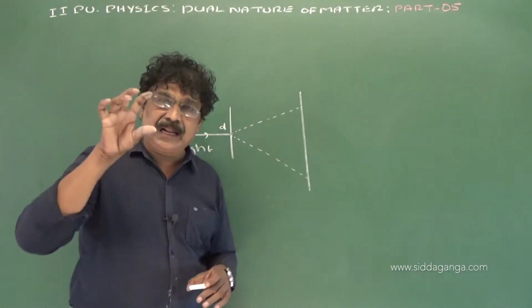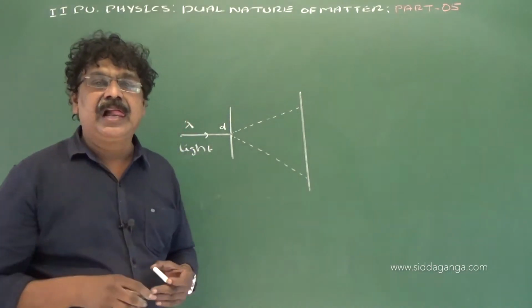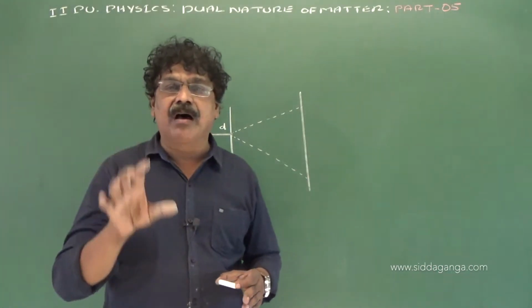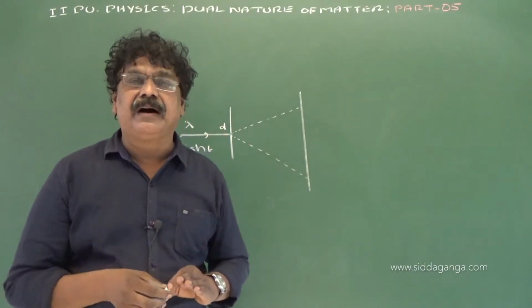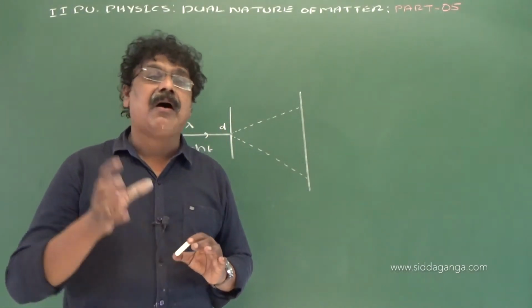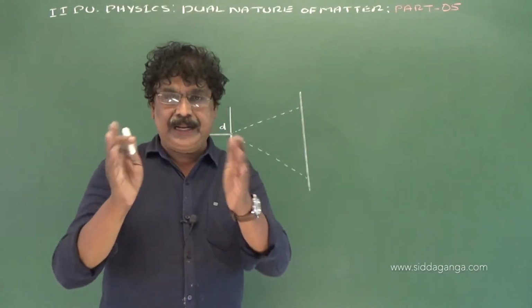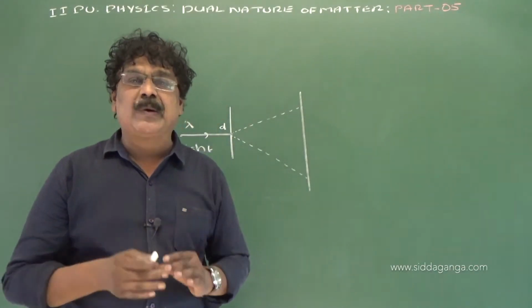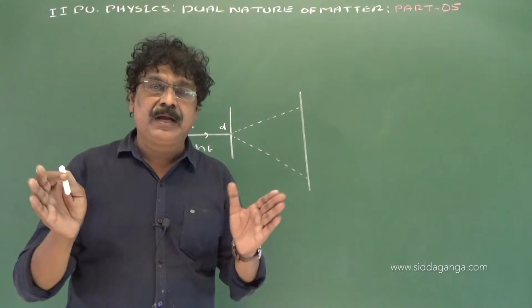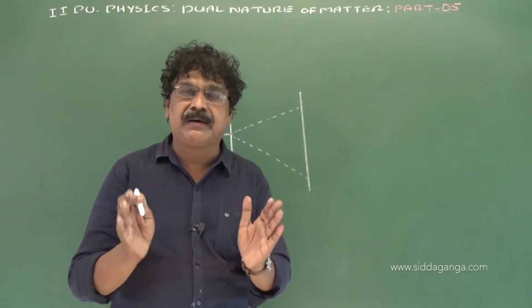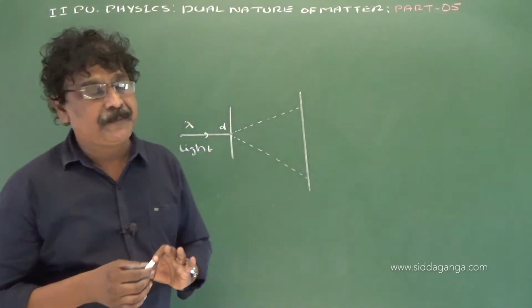So interference, diffraction and polarization are the properties of a wave. However, polarization is exhibited only by electromagnetic waves. Longitudinal waves do not exhibit the phenomenon of polarization.